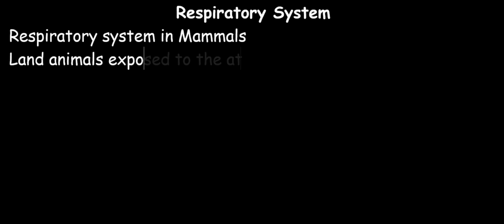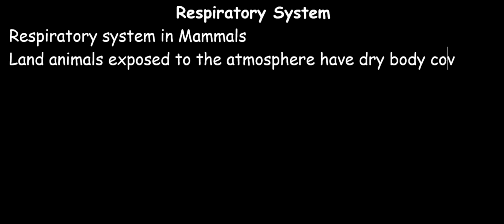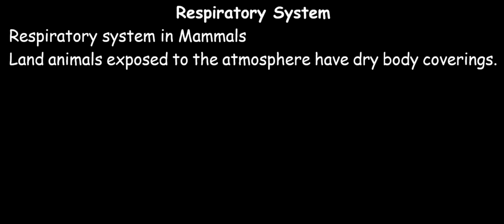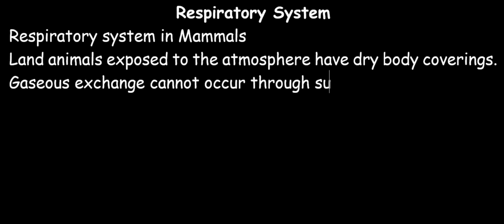We're still taking the respiratory system, and we are going to be looking at the respiratory system in mammals. Land animals exposed to the atmosphere have dry body coverings, and as such, gaseous exchange cannot occur through such surfaces because they are dry.